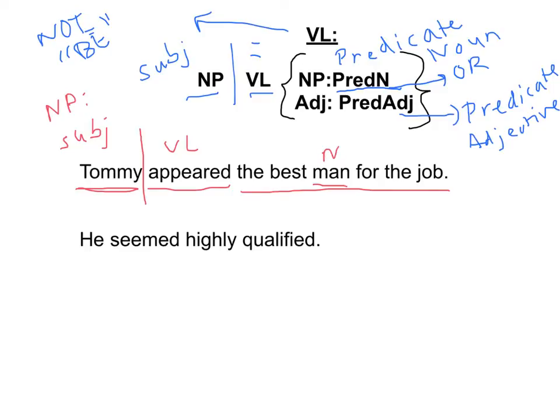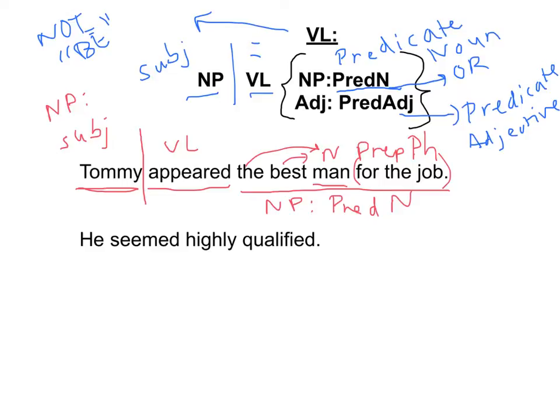So all of this, even though this is a prepositional phrase and these are describing man, the main part of this is that it's a noun. So this is a noun phrase, predicate noun.